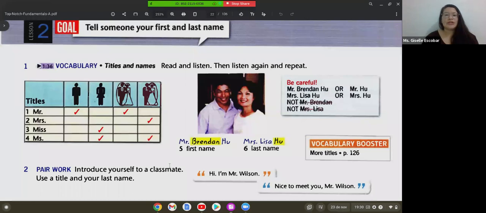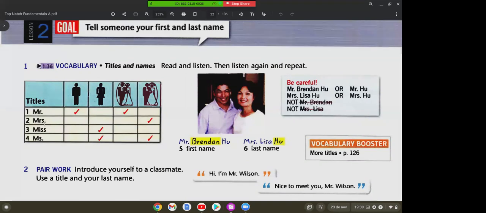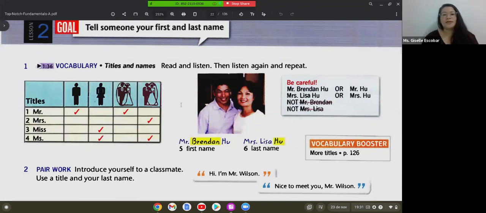So let's continue. Cristóbal, just for you to know, estamos estudiando vocabulary, the titles and names. So, títulos y nombres. Mr., Mrs., Miss, and Miss. Les explicaba a sus compañeros que Mr. es señor. Puede ser alguien mayor o alguien que ya está casado, right? Ok, Mrs. es señora y es normalmente utilizado para una mujer que ya está casada.